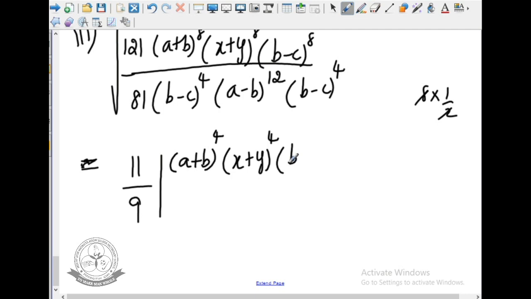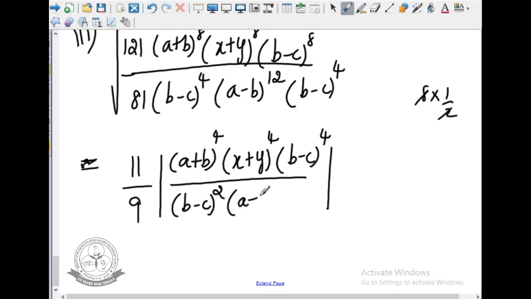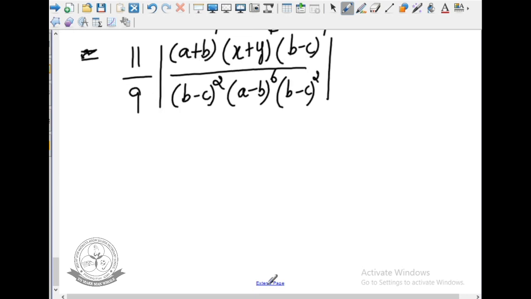Then (b minus c) whole power 4 divided by (b minus c) whole power 2, (a minus b) whole power 6, half of the degree, (b minus c) whole power 2, right? So here you should check whether there are any common terms or not.